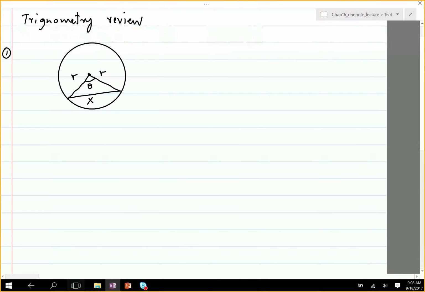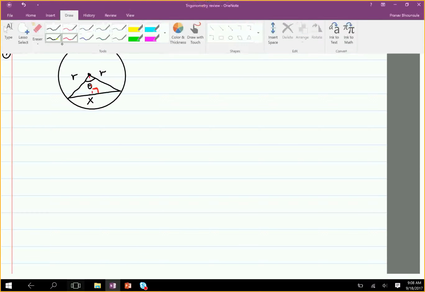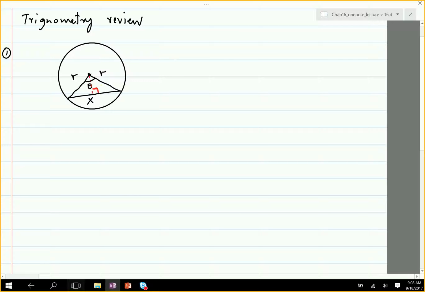drop a perpendicular from the center all the way down to the line segment I've shown there. Turns out that this is 90 degrees, and so x by 2, which is half of the length of the line segment, is simply r times sine of theta divided by 2.